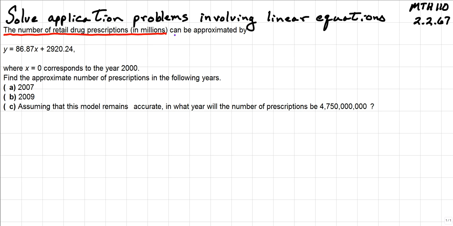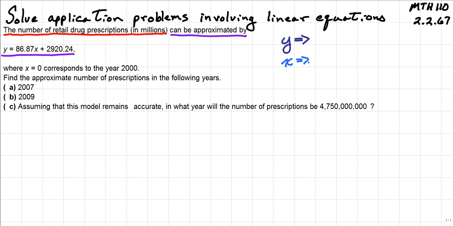And then we look further and it says it can be modeled by y equals 86.87x plus 2,920.24. Now, let's explore this for a moment, because this gives us two variables. We have a y, and we need to know what y is, and then we have an x, and we need to know what x is.